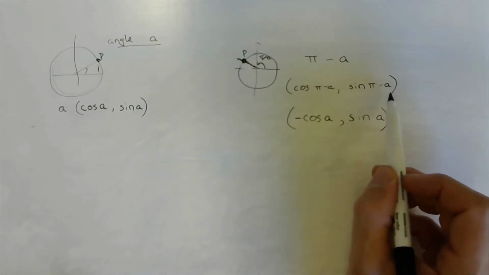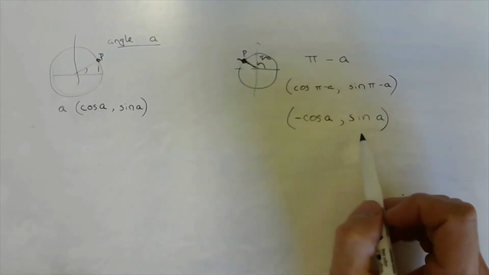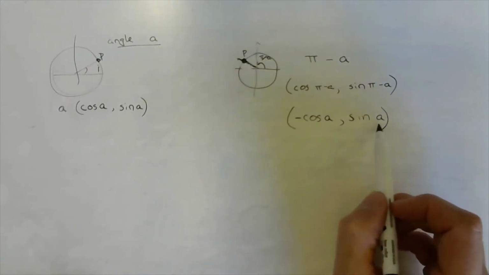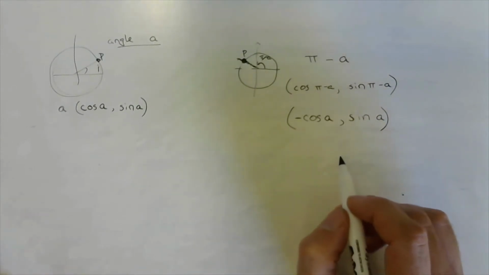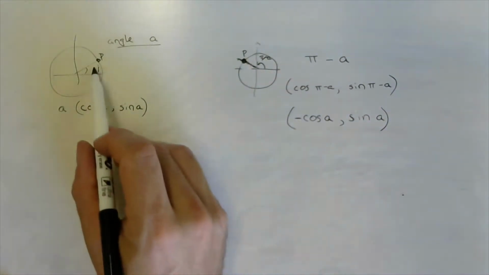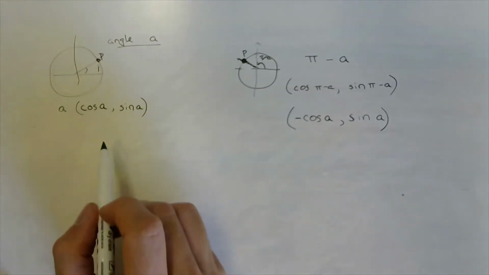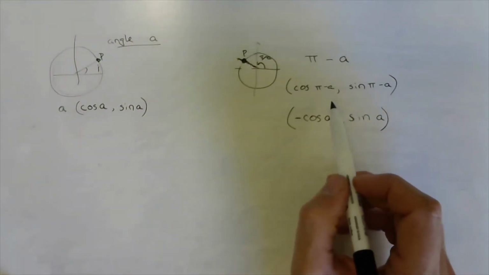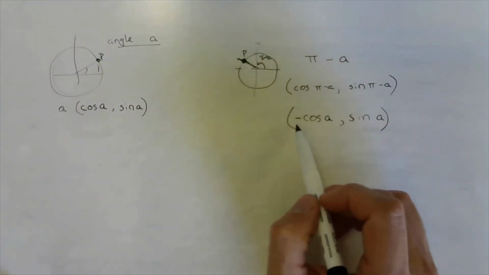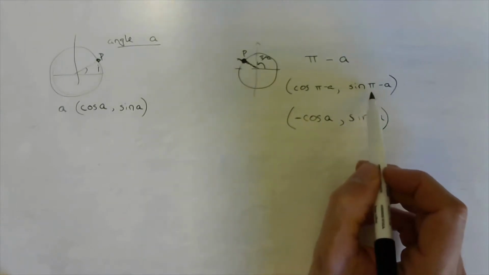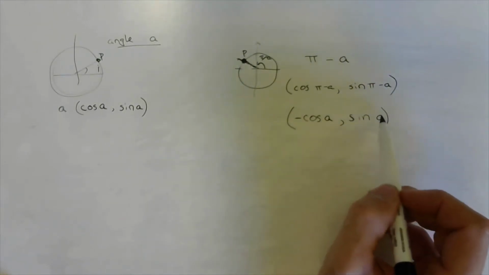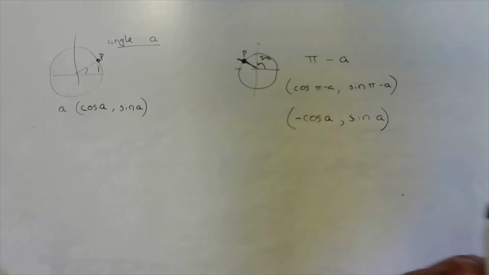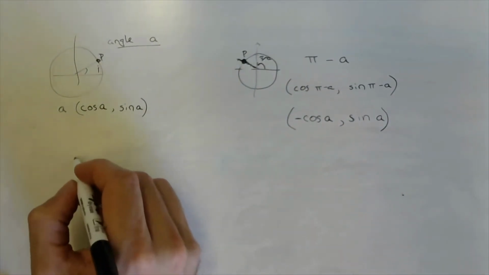And if you can do that, then you can also simplify it to being the same as the sine of a, which is really helpful. Related angles. These two angles are related, that's how. Pi minus a relates to a this way, and pi minus a in the sine world relates to a, it's the same. Okay, good, carry on.